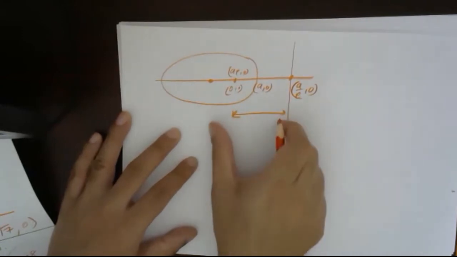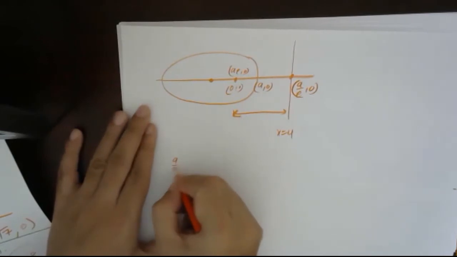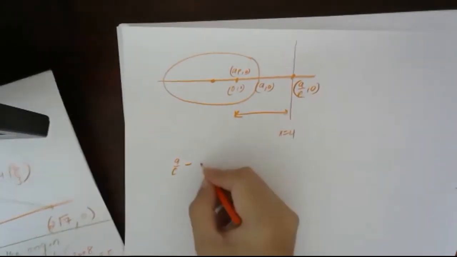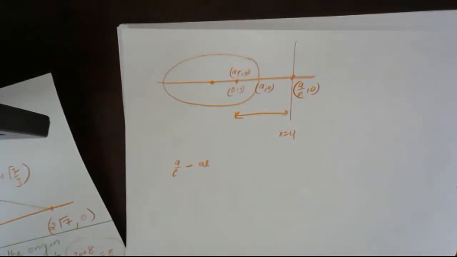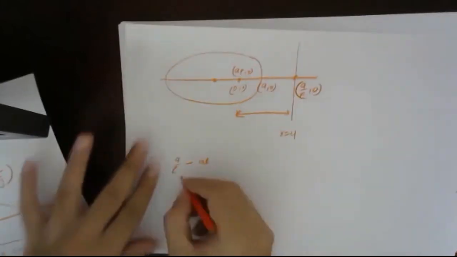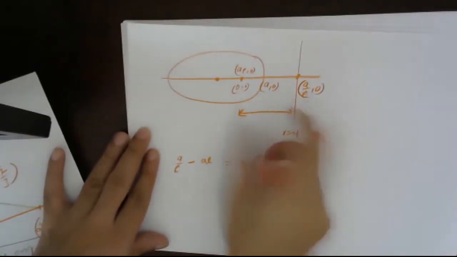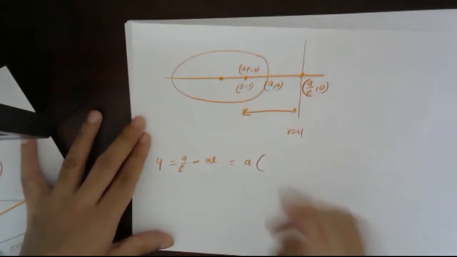It will be nothing but a by e minus ae. Taking a common, this equals 4, the distance they have given.